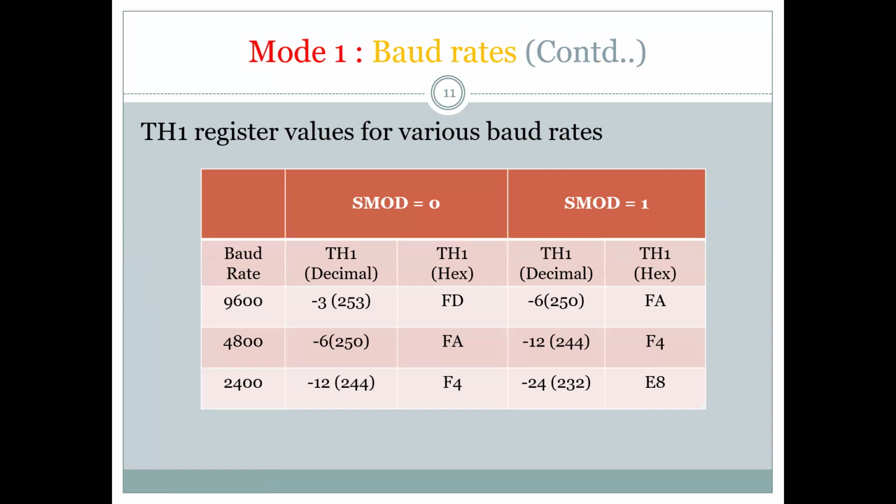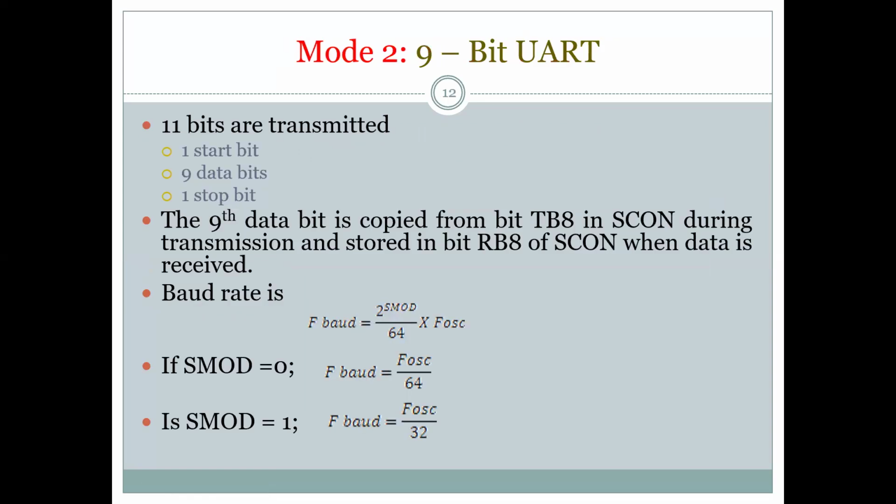So in mode 3, 11 bits are transmitted. So the actual overhead is 2 by 11. Actual data bits are 9 by 11. And coming to the baud rate formula for mode 3: F baud is 2 power SMOD by 64 into F oscillator.